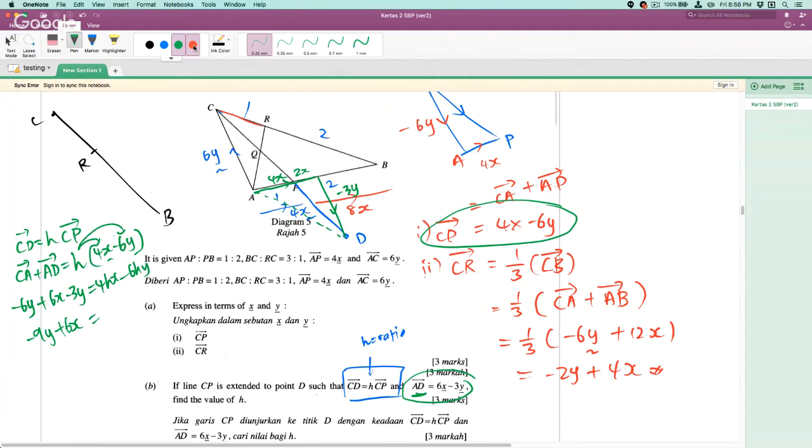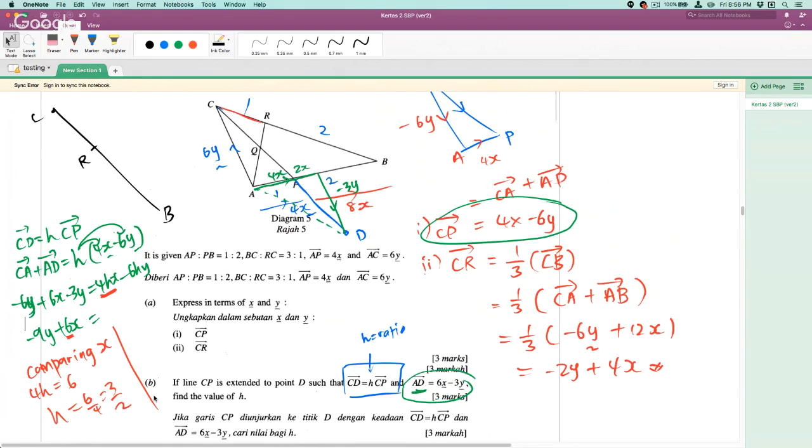The next thing I will do is compare x. Here is 4h for x, here is 6 for x. So I will say 4h equals 6. So h basically equals 6 over 4, or 3 over 2. You should get the same answer when you compare y.